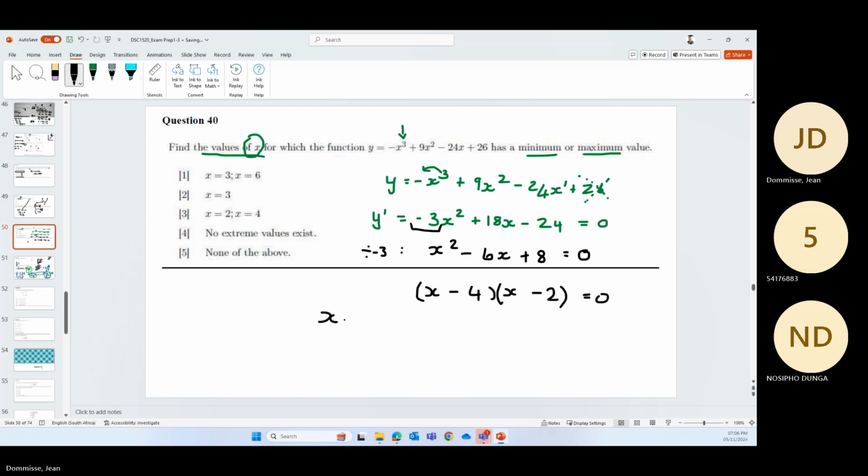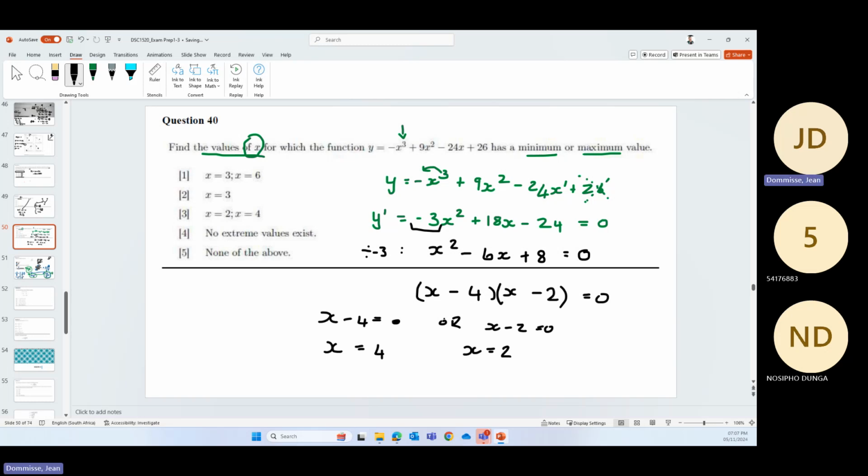So x minus 4 must be equal to 0, or x minus 2 must be equal to 0. x stays on the left-hand side, minus 4 moves to the right-hand side and becomes positive 4. x on the left-hand side, moves to 2.